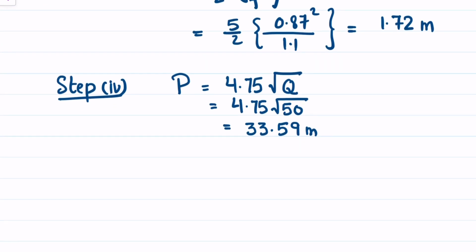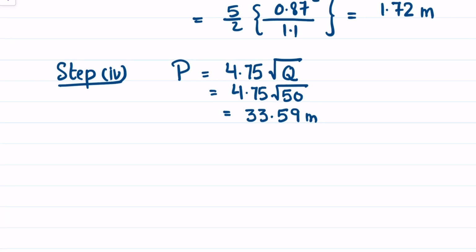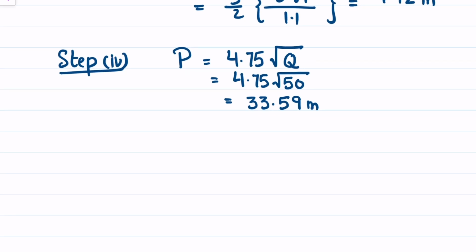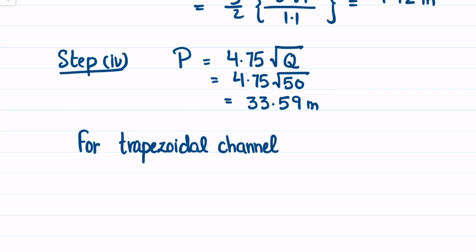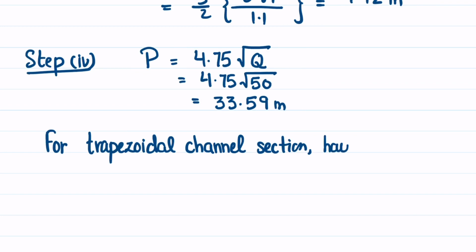So the next step in the Lacey theory of regime channel is to find out the width of the channel section and the depth of the channel section. First of all, we clarify that we are designing a trapezoidal channel section that has a side slope of half horizontal to 1 vertical.